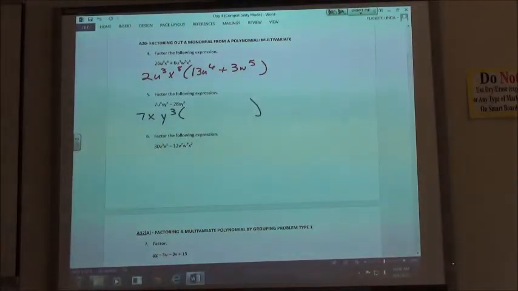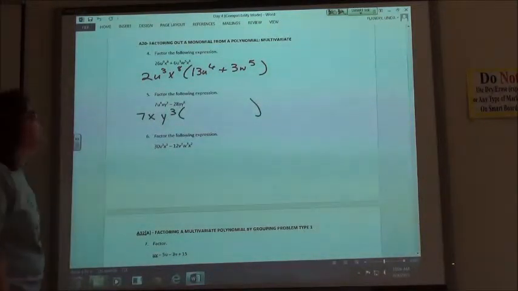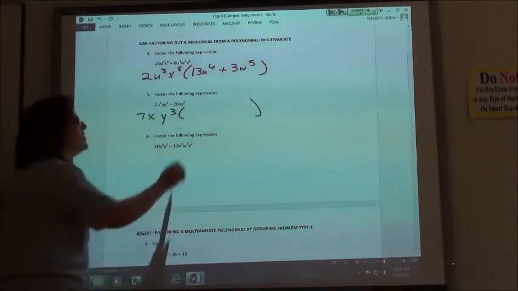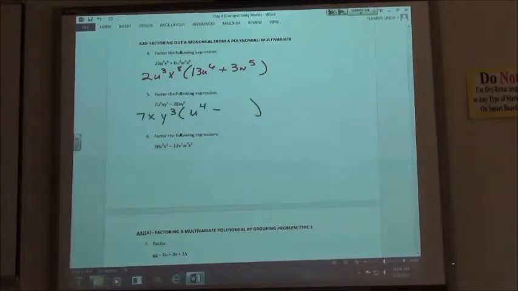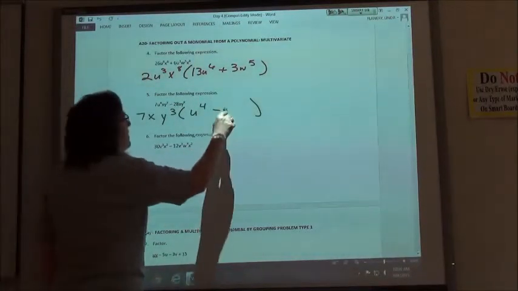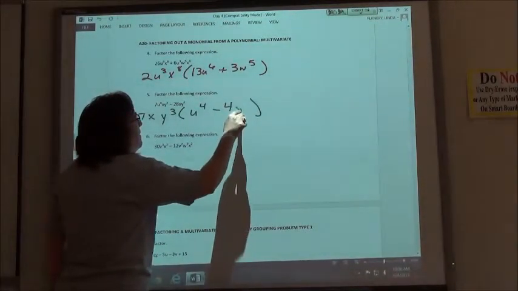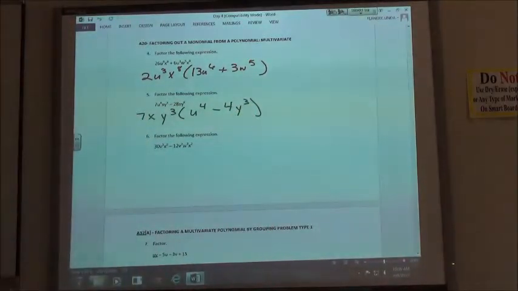And so if I divide out the 7xy cubed on my first term, I'm going to have just the u to the 4th left. And on my negative 28xy to the 6th, I would have u to the 4th minus 4y cubed left when I take out the 7xy cubed.